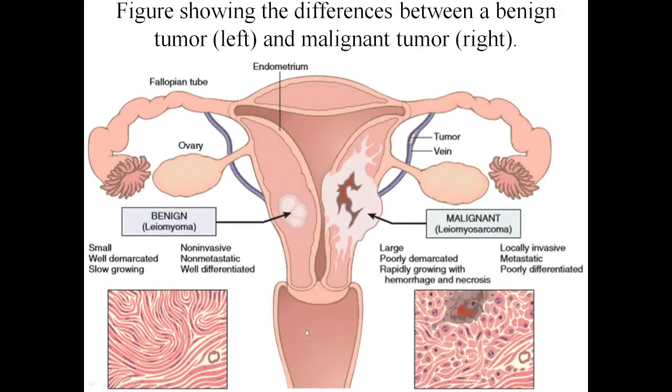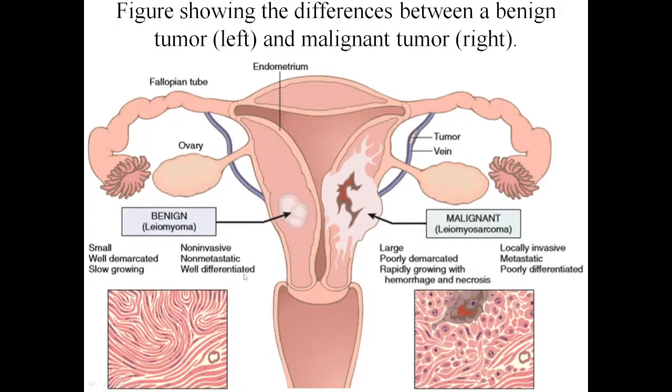On the left side, you can see the benign tumor. This benign tumor has a small size, is well demarcated, and has the capsule here. This tumor is slow growing, non-invasive, non-metastatic, with well differentiated cells.